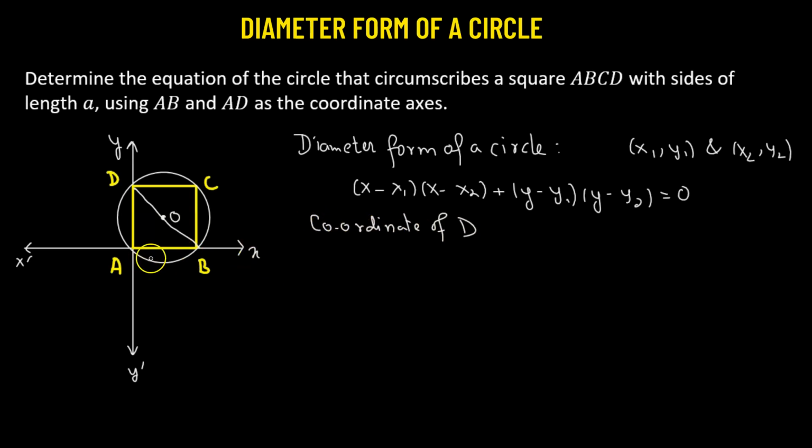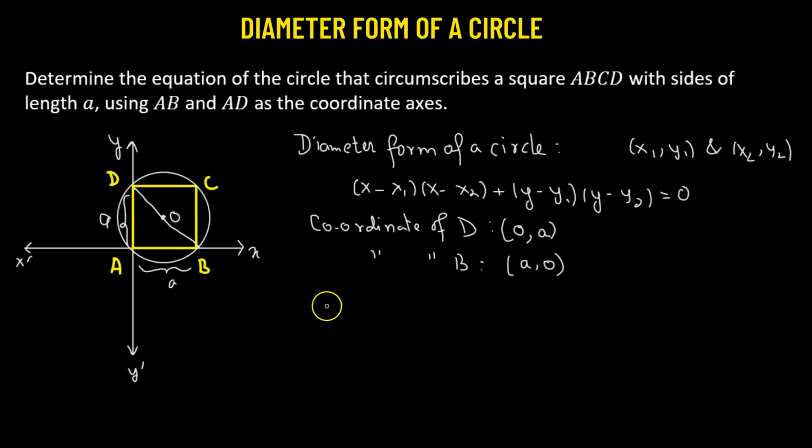It's given here that the square has a side length of A units. So the length of AD is A units, which means the coordinates of point D are simply (0, A), because the x coordinate is 0. And then we can also find the coordinates of point B, which are (A, 0). So now we have the endpoints.